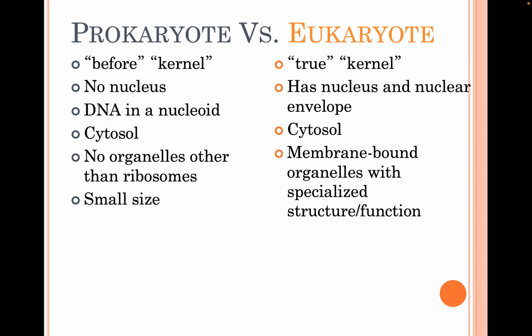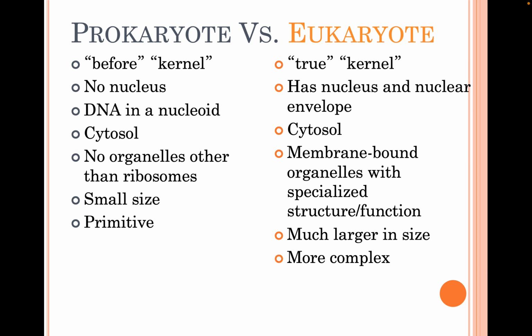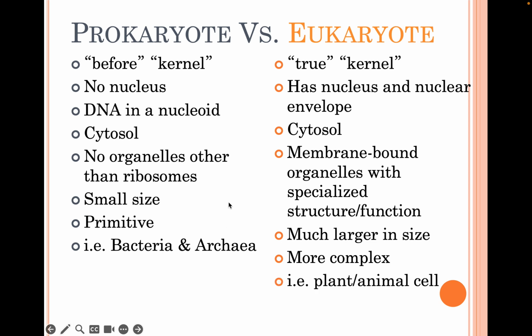They're about 1/10 the size of a eukaryotic cell. And we tend to think of prokaryotic cells as being evolutionarily primitive. We think of early cells when life first evolved were probably most similar to prokaryotic cells. Eukaryotic cells are more complex. Prokaryotic cells come from domains bacteria and archaea, and eukaryotic cells would be from things like plants or animals.